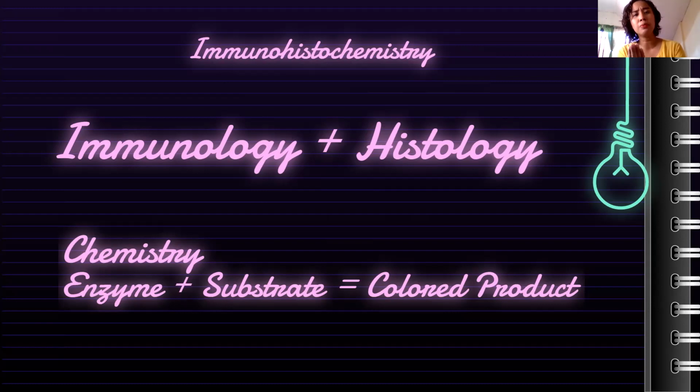Sometimes we need a label or a conjugate to see the reaction better. So, this is the use of the chemistry part. So, enzymes, and sometimes not just enzymes but also radionuclei, the radioactive labels, and so on.